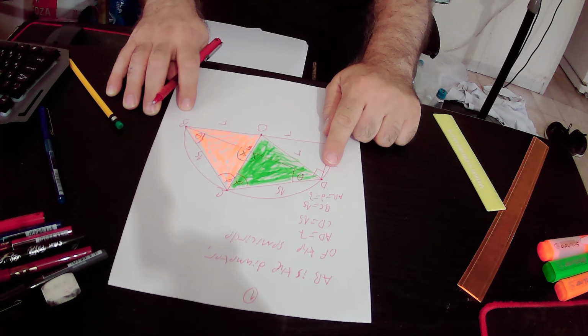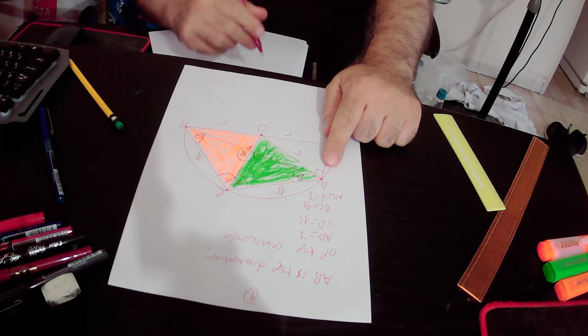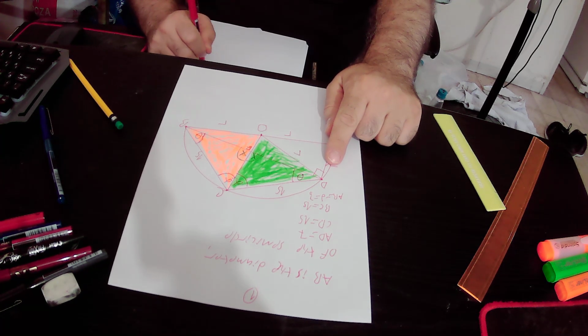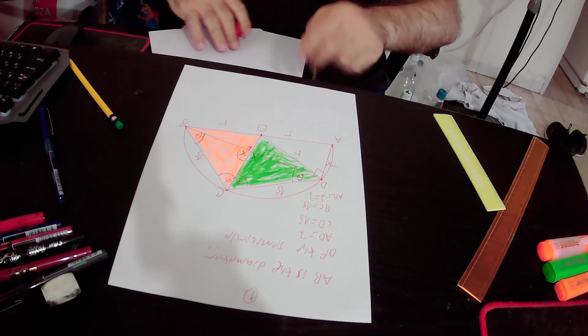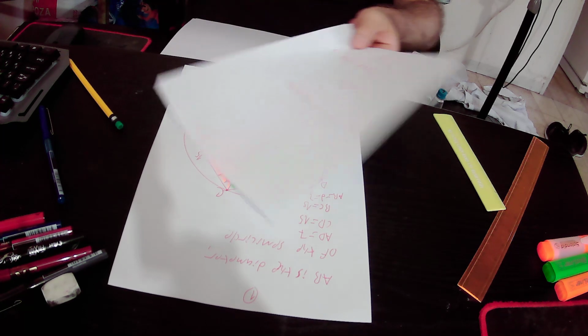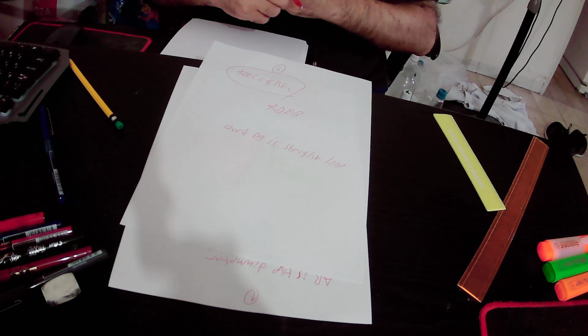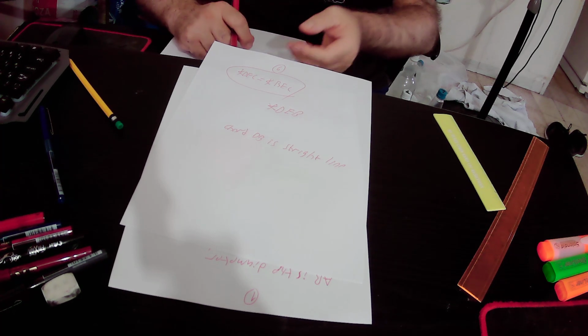Therefore, chord DB is a straight line, because we constructed it like that.